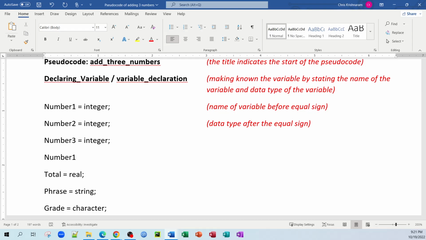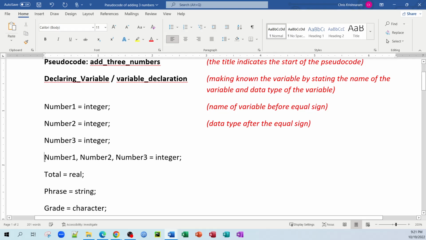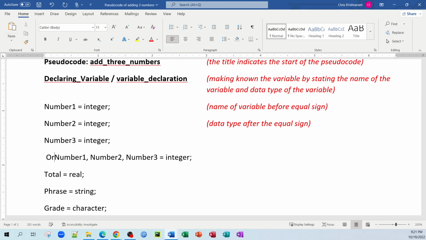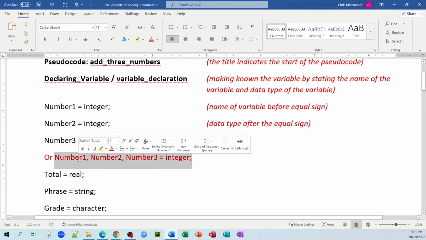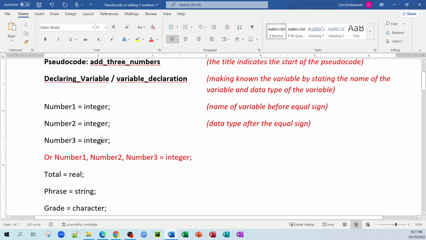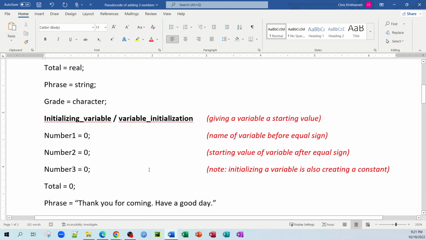We could say number 1, comma, number 2, comma, number 3, equal to integer. That way, we save line spacing. So, we can either do the method above or this method here. Either one can work. But if you don't know how to combine it into one line, the safest thing to do is just separate them individually into their own line. Nothing's wrong with that.